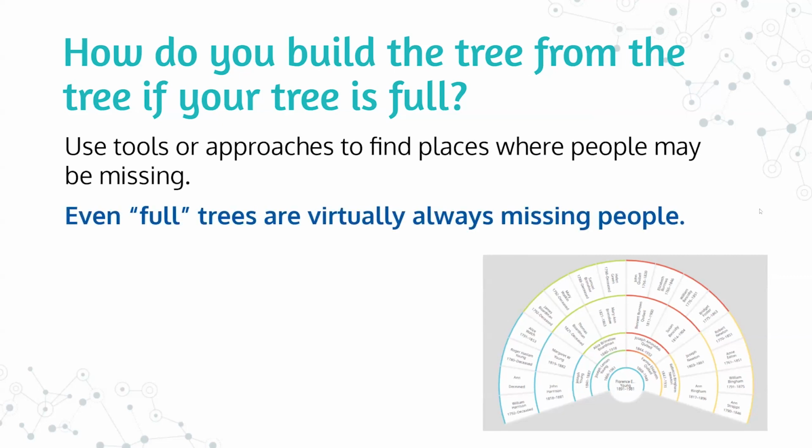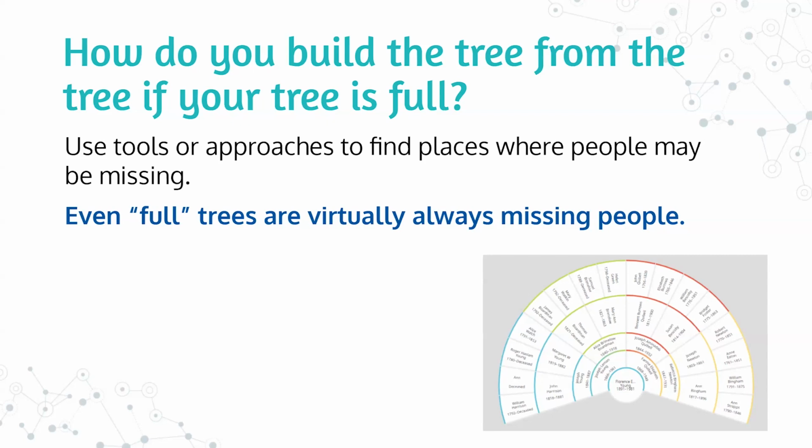What's really interesting about this is even with full trees, there are almost always missing people from those trees. As a teacher and a family history consultant, I've helped many people over the years, and I have only ever worked with one person where I couldn't find anybody to add to their tree.